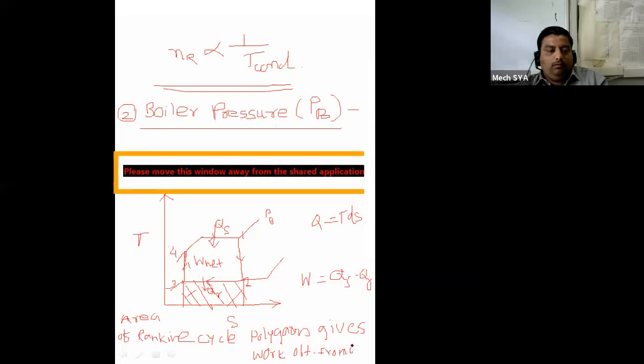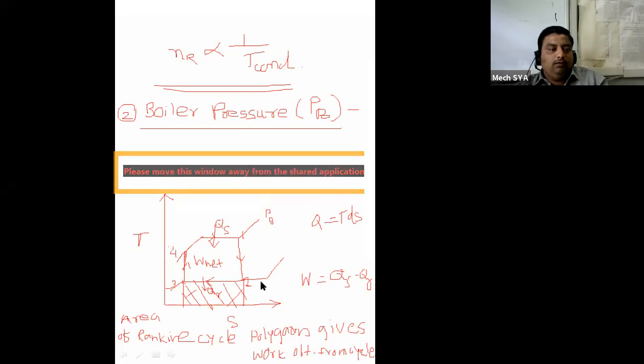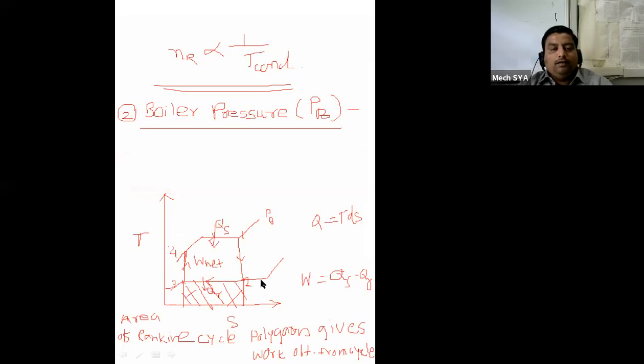Write it down in your notebook. If you want, you can also draw the diagram. Anybody having doubt? In the chat box only Asmita understood. Others please reply fast and complete this write-up also. So area of Rankine cycle polygon gives work obtained from cycle.